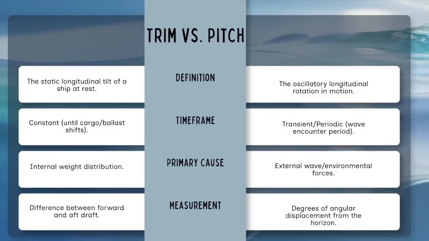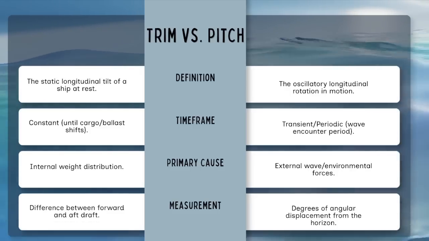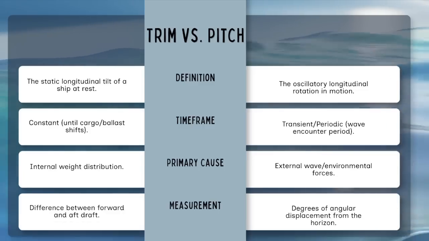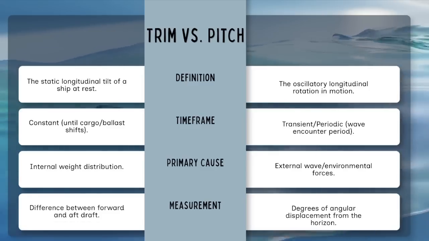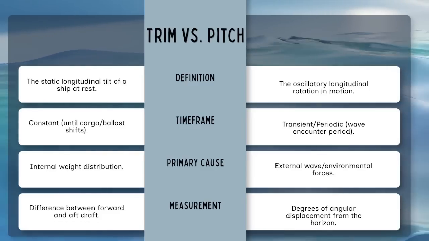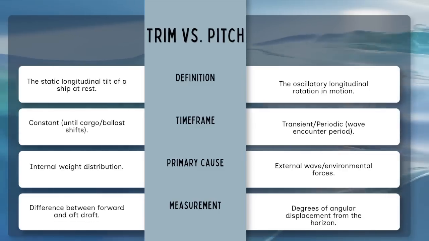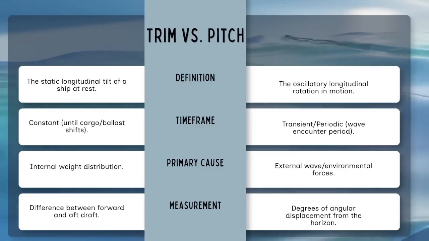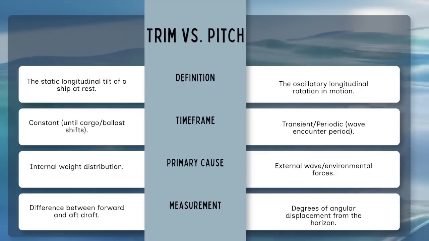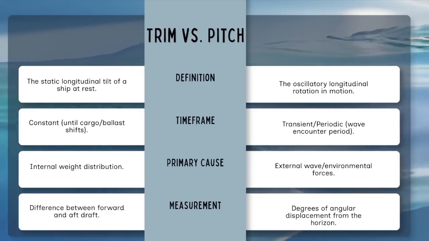In terms of time frame, the trim is constant, while the pitch is transient or periodic. The primary cause of trim is internal weight distribution, while pitch is caused by external wave or environmental forces.